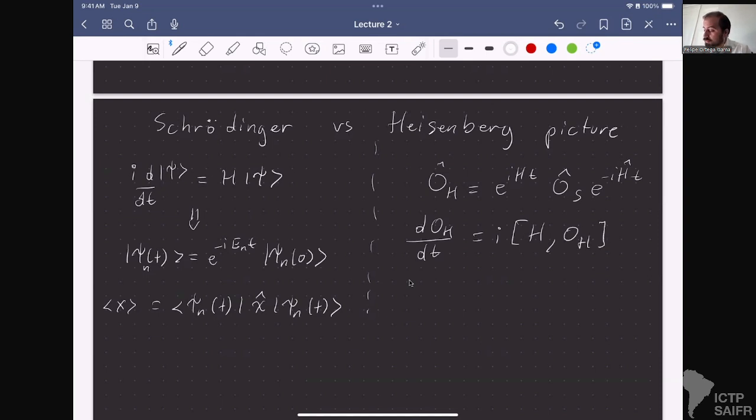So notice the similarity to the Poisson bracket of classical mechanics, where your fields had to evolve given by an equation that was very similar to this.